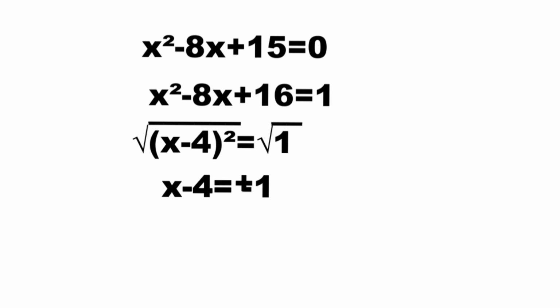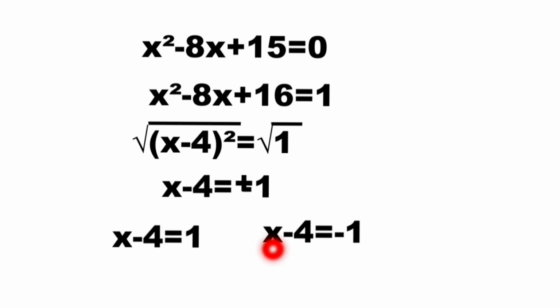And we can have the two values of x here. We have x minus 4 equals 1 and x minus 4 equals negative 1. Solving the first one, transposing 4 to the right side of the equation, since this is a minus, it becomes a plus. So x equals 1 plus 4, and our first value of x is 5.